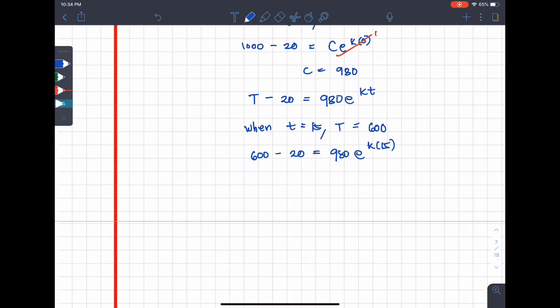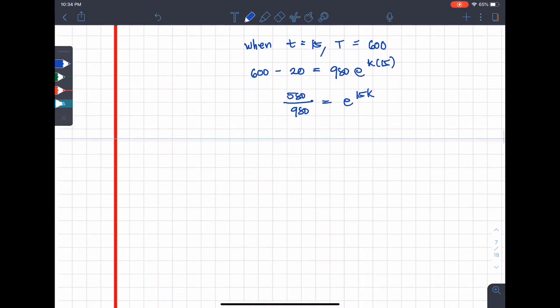So this would be 580 divided by 980 is equal to e raised to 15k. 580 divided by 980 is the same as 29 over 49, and that is e raised to 15k.